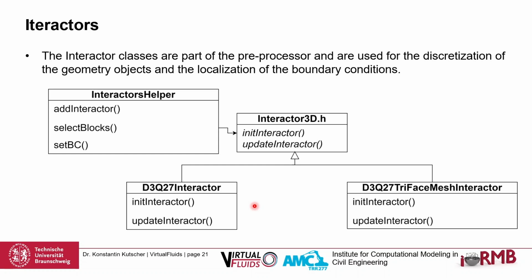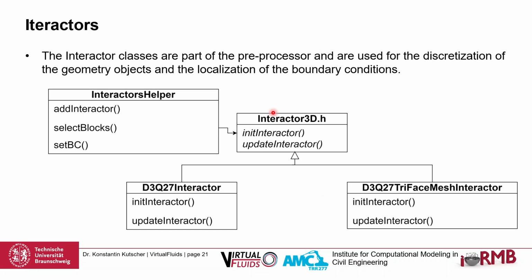And we have the D3Q27 triangular mesh interactor, which works with an STL file. This is a special interactor which discretizes the geometry you give in the form of an STL file, a triangle mesh, and it can produce the node grid in this case.